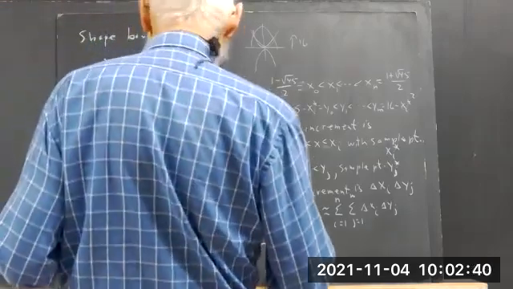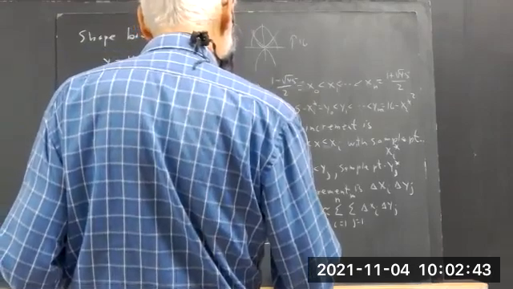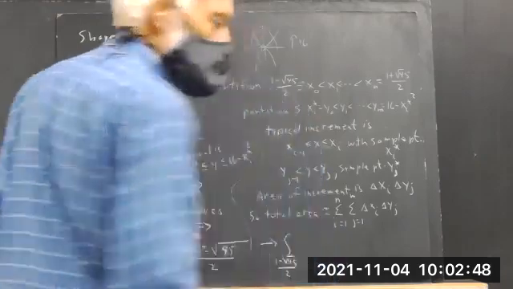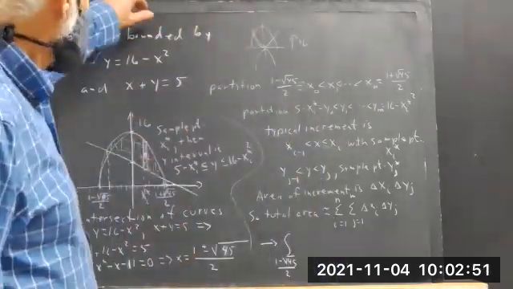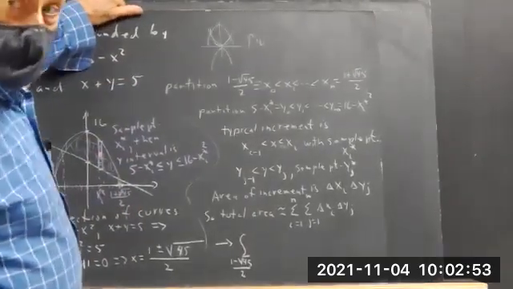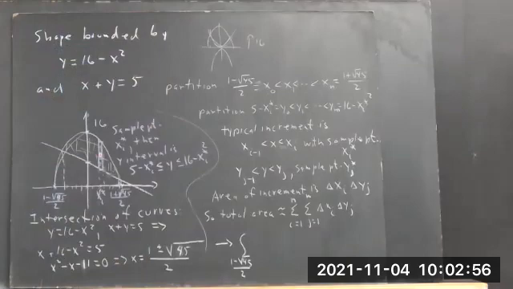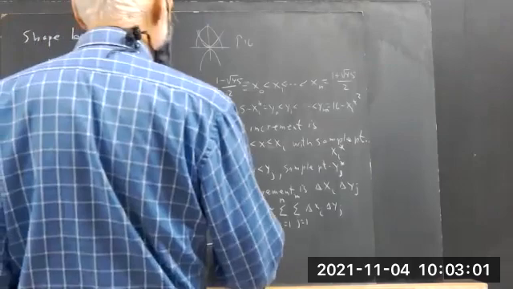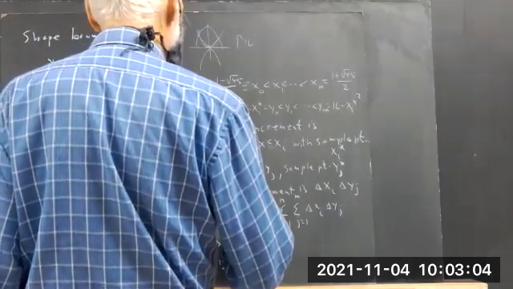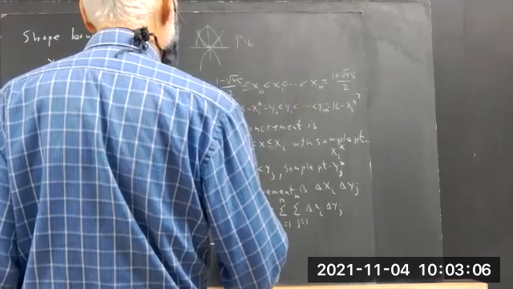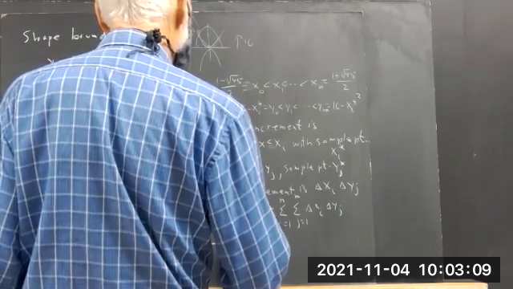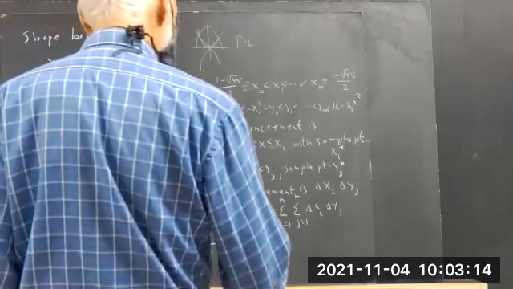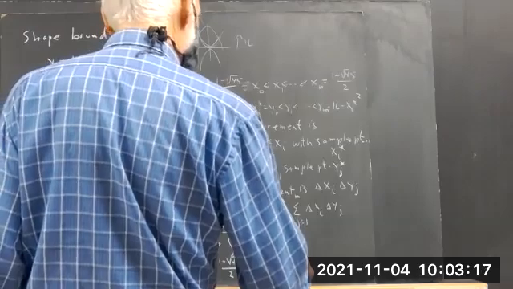Okay, so this is going to be from 1 minus the square root of 45 over 2 up to 1 plus the square root of 45 over 2. And then that's with respect to x.